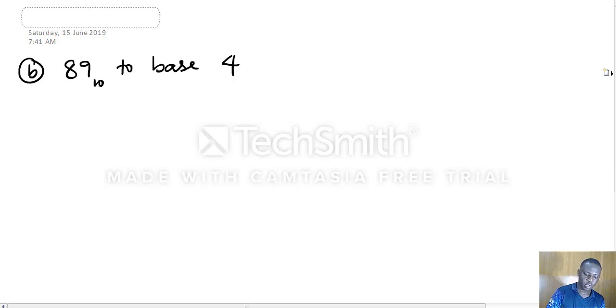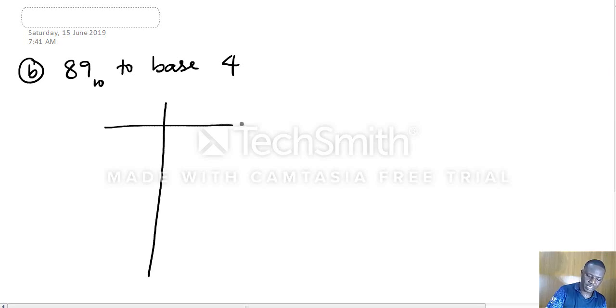Also, we have 89 base 10 to be converted to base 4. You also divide 89 by 4. 4 into 8 is 2, remainder 0. 4 into 9 is 2, remainder 1.